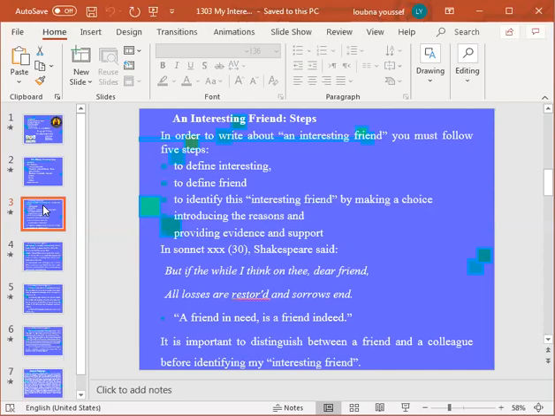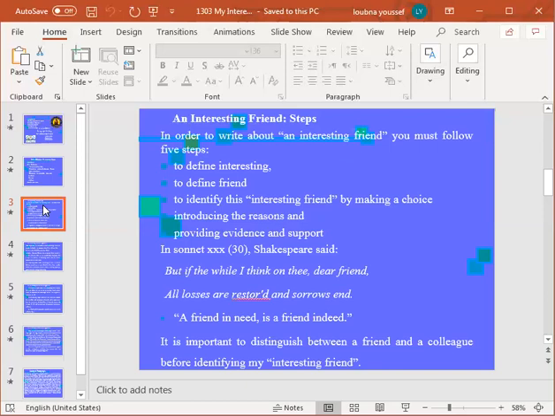But the word interesting adds something to what you're supposed to think about and the choice you make. Now, when you make a choice, you have to introduce your reader to the reason for your choice.